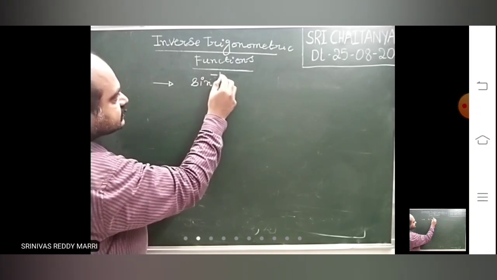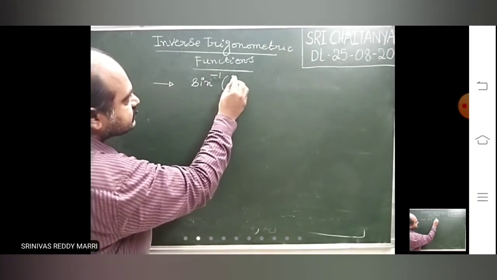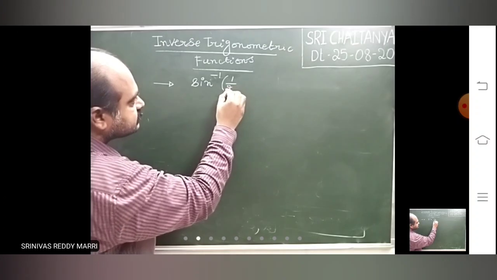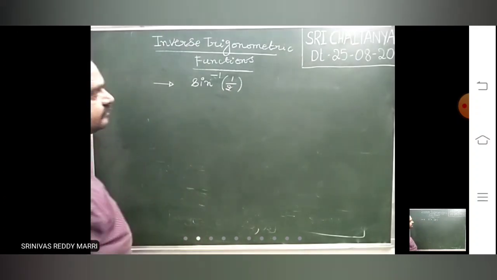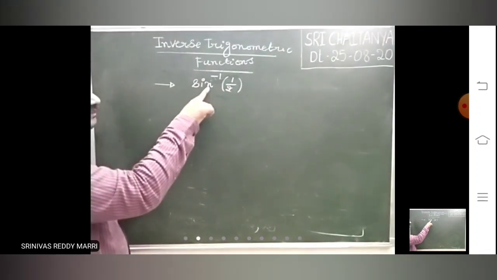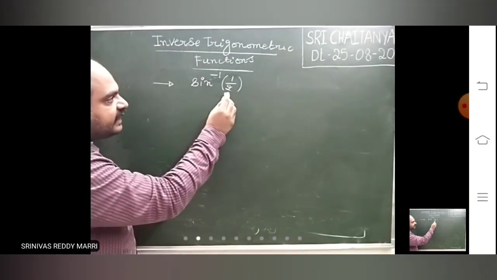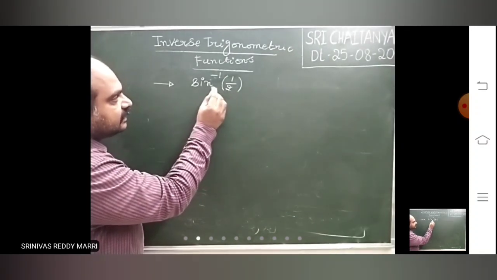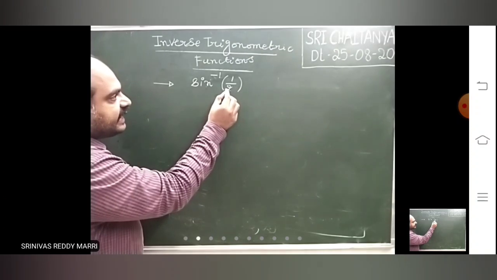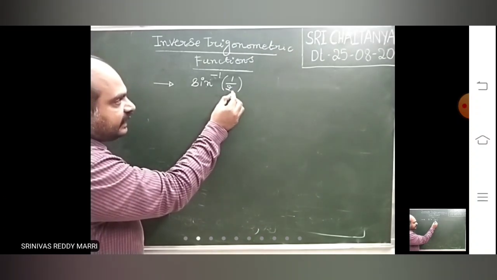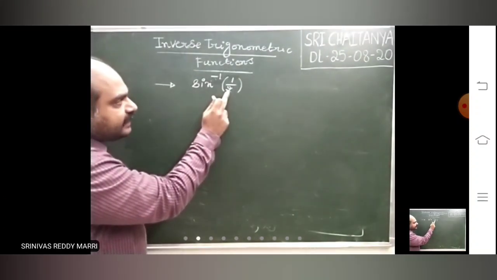Suppose it is asked like this: sine inverse 1 by 2. Is this defined or not? This is x in sine inverse x, and it lies between minus 1 and 1 only. What is sine inverse 1 by 2?